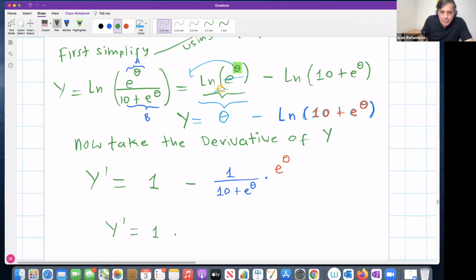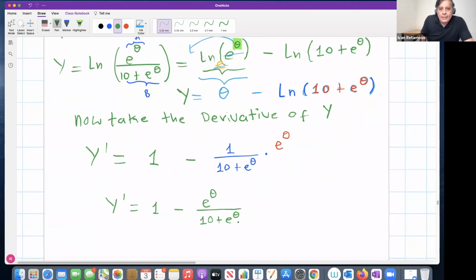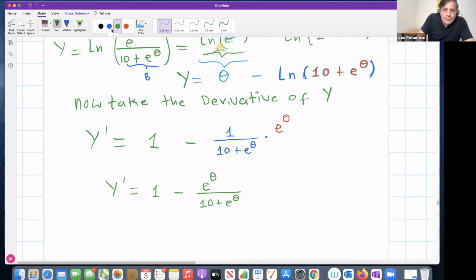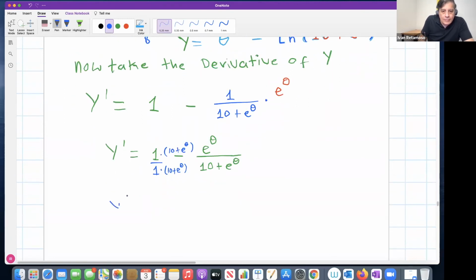y prime equals 1 minus 1 times e to the theta over 10 plus e to the theta. Now, 1 is the same as 1 over 1. Multiply by the LCD, 10 plus e to the theta over 10 plus e to the theta. This is just algebra, guys.